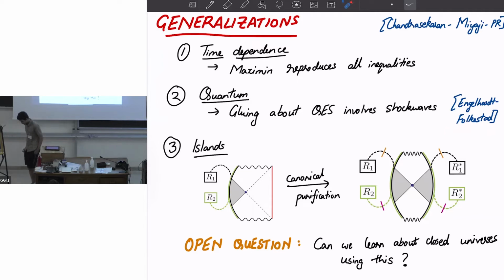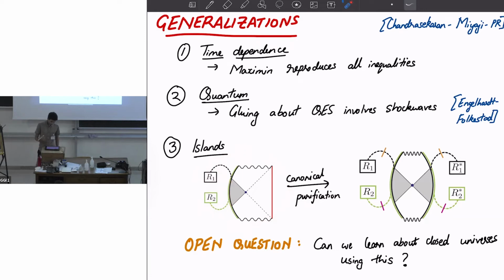And moreover, the same story holds when you look at islands. So in this picture, I have the West Coast model where you have radiation systems R1 and R2 that are purifying the radiation in the interior.